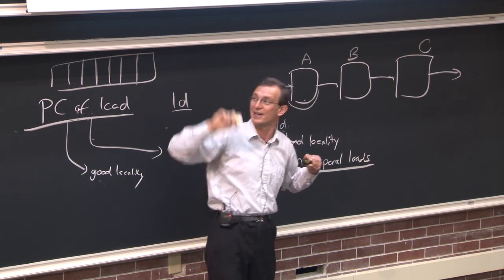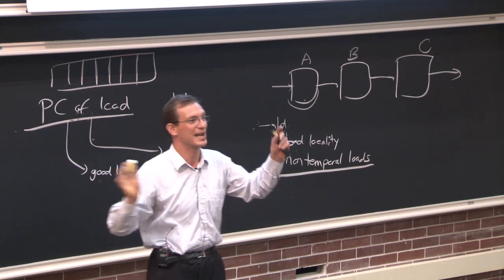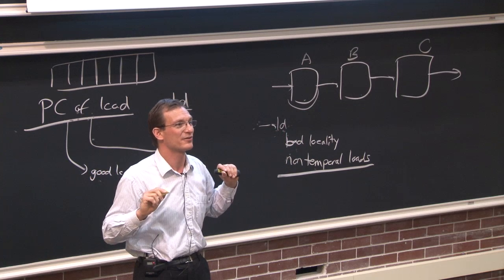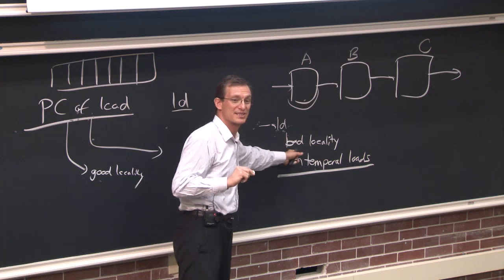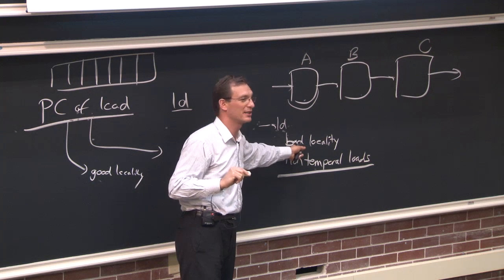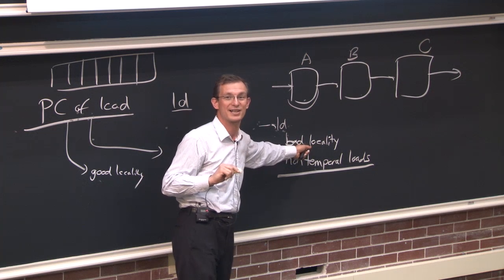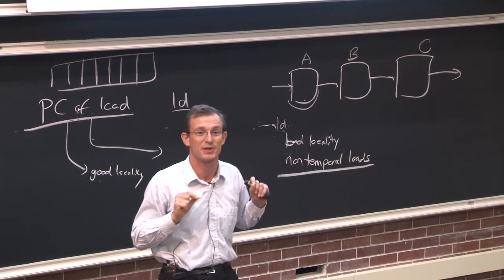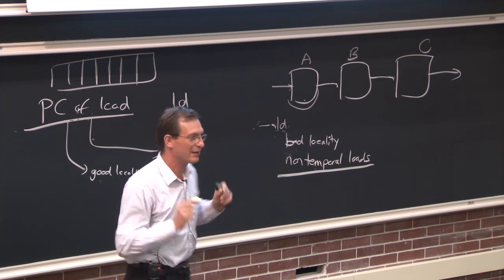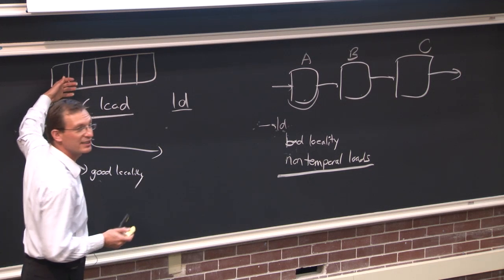I don't have it with me right now, but in a later lecture, we can look at the exact definition of what is a non-temporal load in an x86 architecture. But that's the purpose of this. It doesn't have good locality, so it's a hint to the microarchitecture saying don't cache the blocks that are requested by this particular load instruction. And what I described to you earlier could do this in hardware.